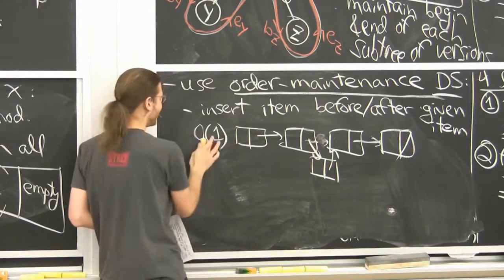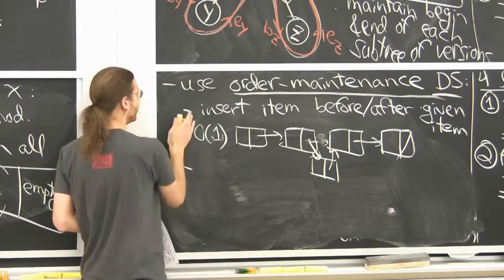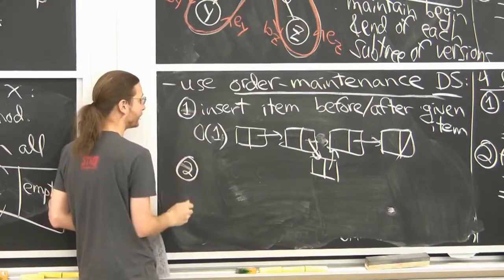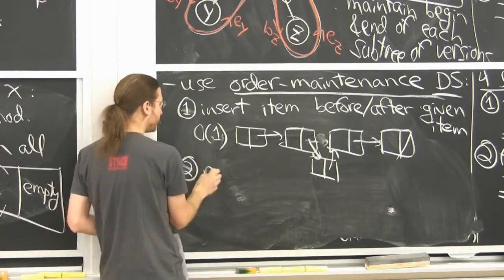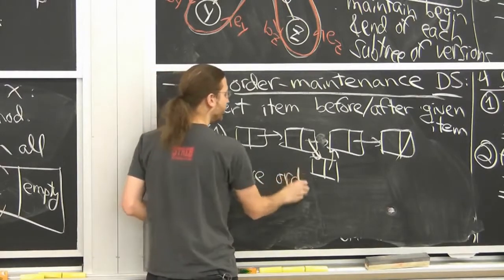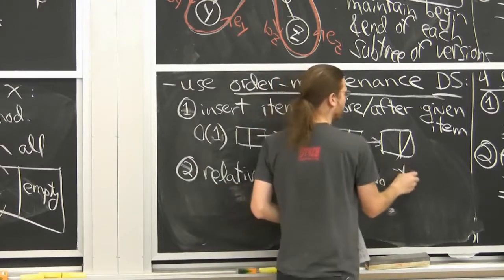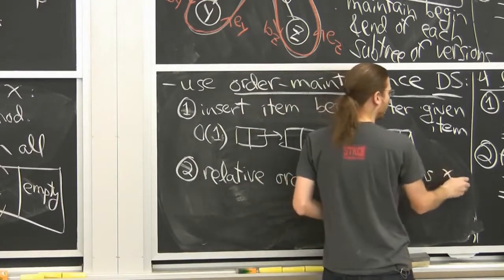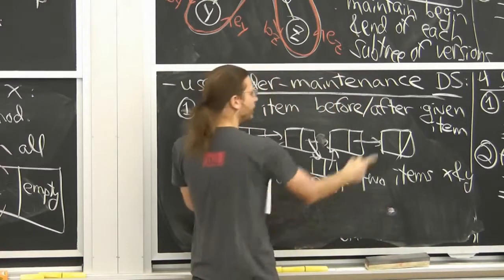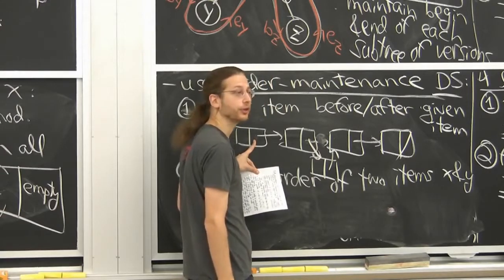Wow, so amazing. Okay, the catch is the second operation you can do. Maybe I'll number these. This is the update. Then there's the query. The query is, what is the relative order of two items, X and Y? So now I give you this node, and I say, which is to the left, which is earlier in the order?